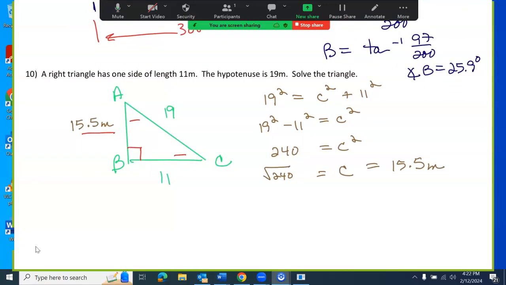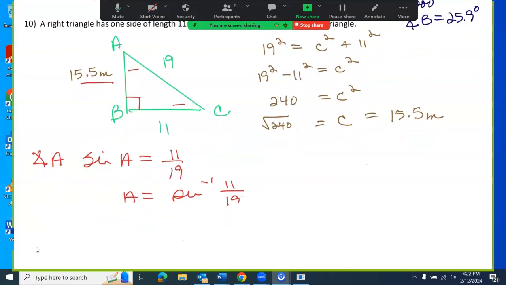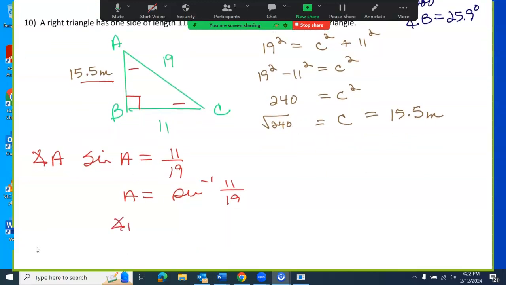Okay, let's now seek out our angles. So angle A. So what can I say for that? I'm going to use sine. The sine of A equals 11 over 19. So A equals the sine -1 of that value. Let me see.